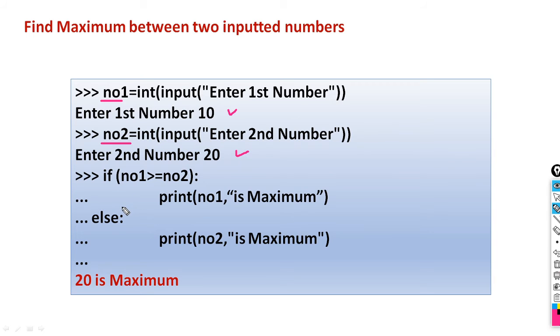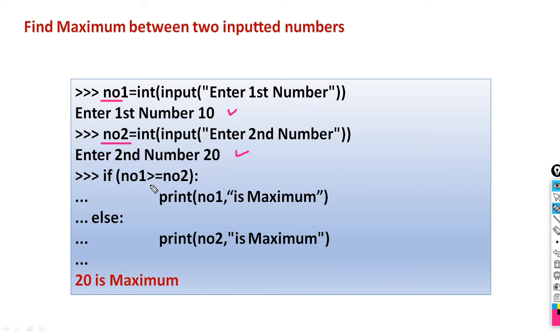So how can we write the expression? If NO1 greater than equal to NO2. Here I am using greater than equal to. We can check multiple conditions, if number is greater, less, or equal, but we are studying only the if and else part. That's why I used greater than equal to.